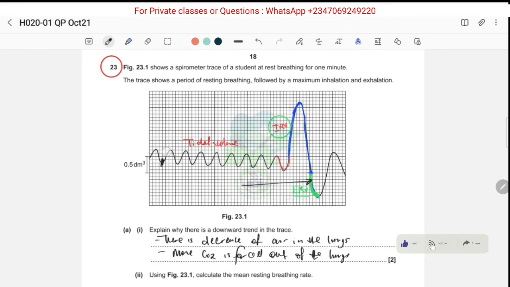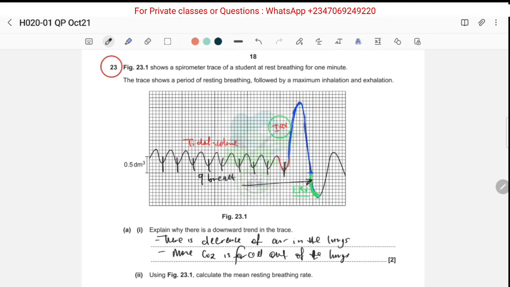So you count the breaths: 1, 2, 3, 4, 5, 6, 7, 8, and 9, I suppose. Now you're supposed to know the number of breaths. So we have 9 breaths.